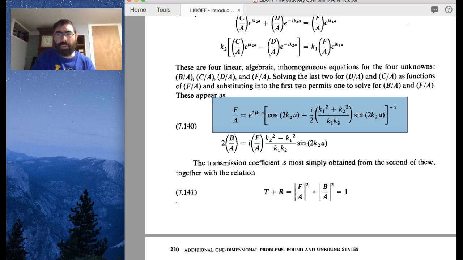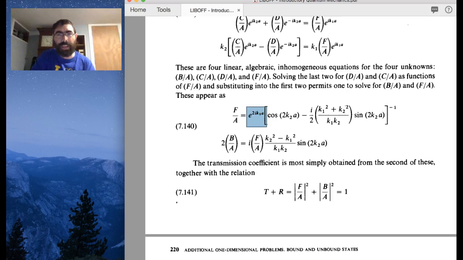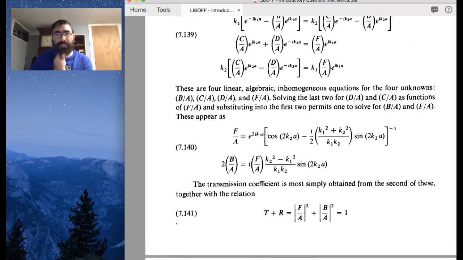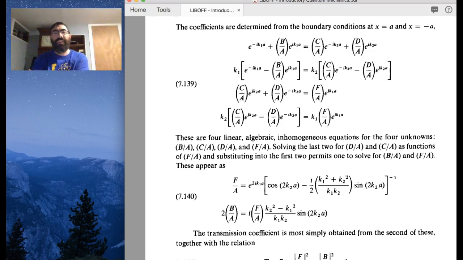So actually, if you notice, if we take this apart, the first term has the k1 dependence in the exponential, and in the bracket, the cosine and the sine have the k2 dependence. So the dependence of the energy above the barrier is inside the bracket, and this is to the power of -1.